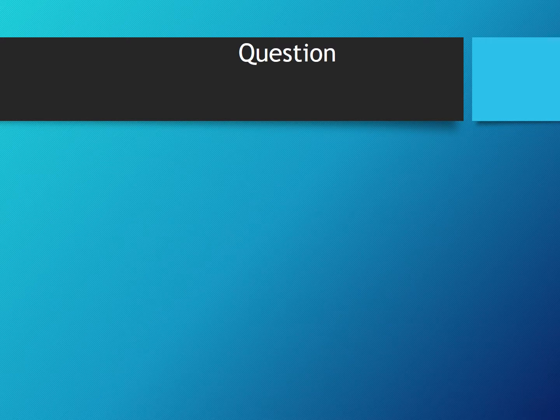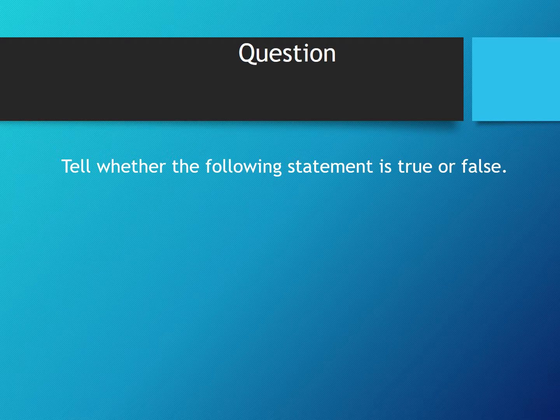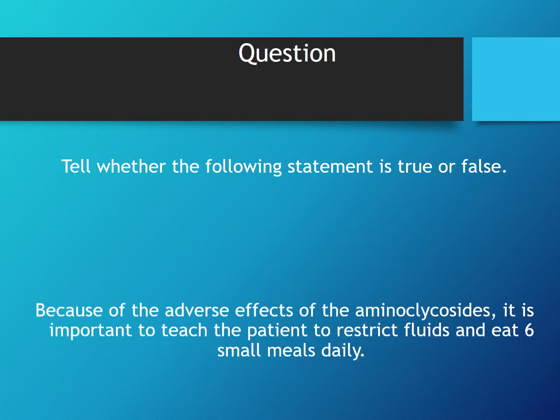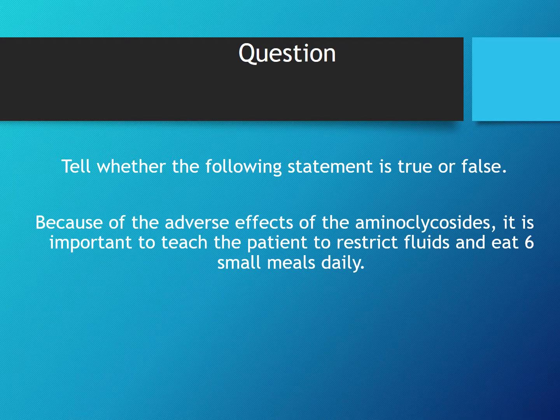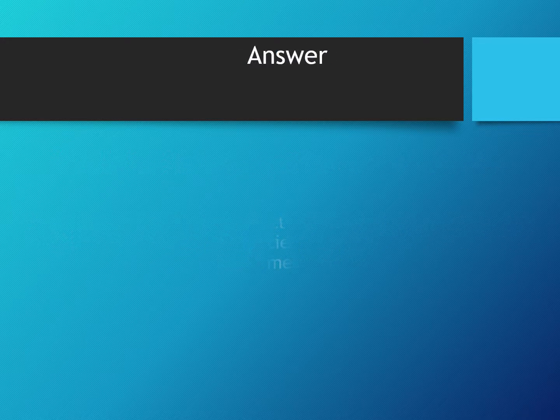So here's a question. Tell whether the following statement is true or false. Because of the adverse effects of aminoglycosides, it's important to teach the client to restrict fluids and eat 6 small meals daily. So no, that would be false.